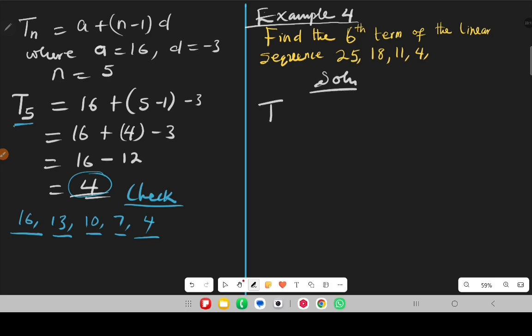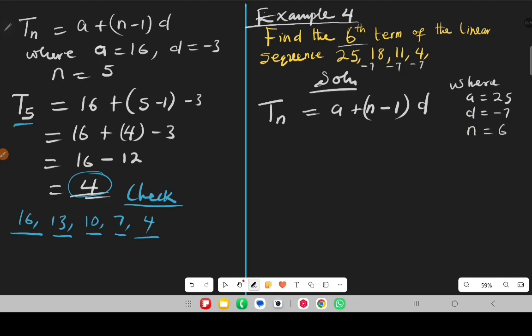Then the formula of the sequence is Tn equals a plus (n minus 1) times d, where a is equal to the first term, which is 25, and d is the common difference, which is 18 minus 25 gives us minus 7. 11 minus 18 gives us minus 7. 4 minus 11 gives us minus 7. So minus 7 is the common difference. Then the last one, n, is the sixth term, which is 6.